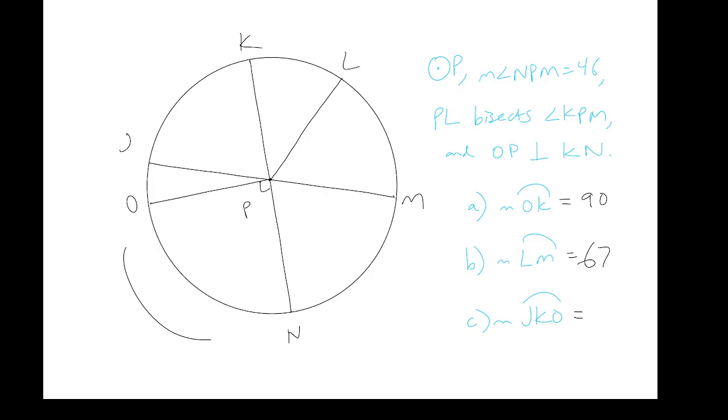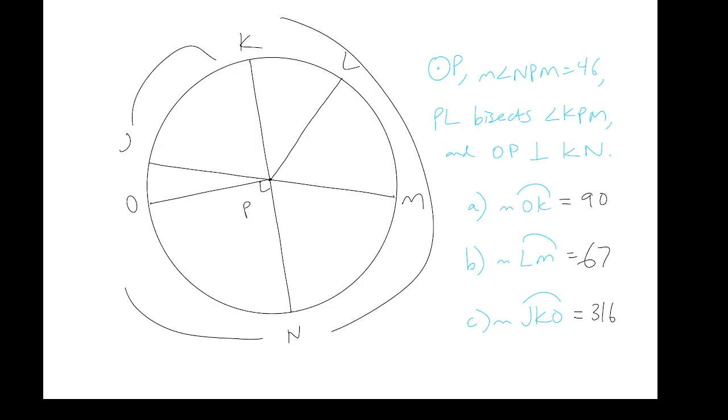Because these are vertical angles. So I'm going to back that out. I have 46, I have 90, that's 46 plus 90 plus the 180, and that's going to give me a total of 316. 180, 90, and then the 46.